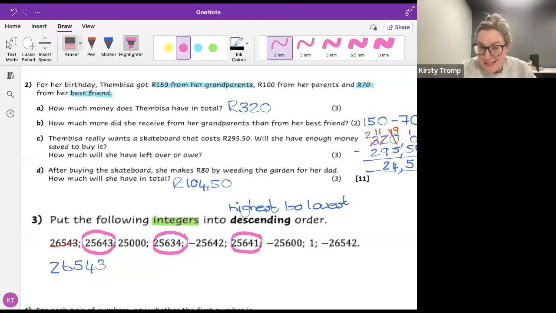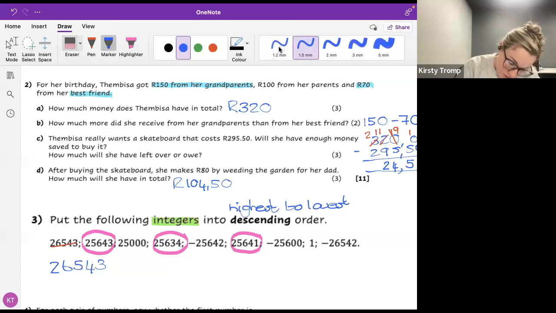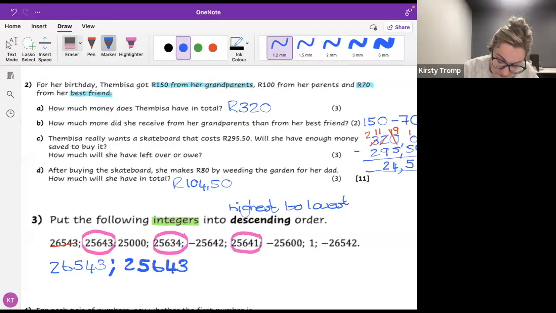I need to see which one is the biggest. I would definitely say the biggest number between those numbers is 25,643.